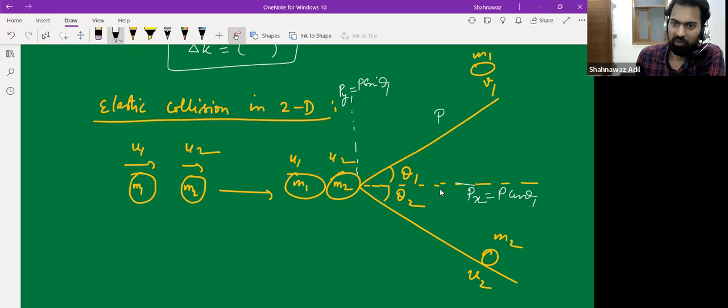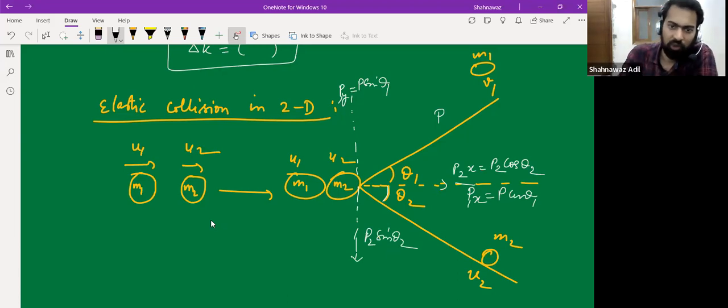Similarly, for the other one, you will have P2x, which is P2 cos theta 2, and the vertical part, P2 sin theta 2.